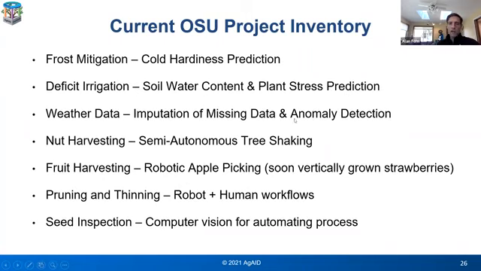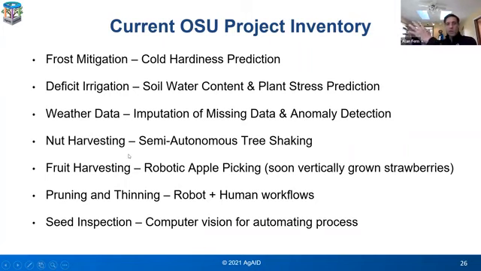There's a lot of weather data that we are dealing with, and Wenking Wang and Prasad Tadapalli are working on problems such as imputation of missing data when you have these weather networks, and anomaly detection to detect problems in these weather networks.